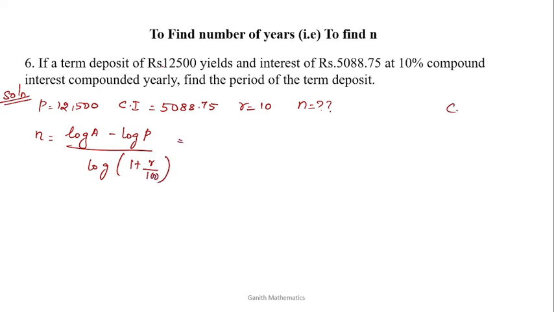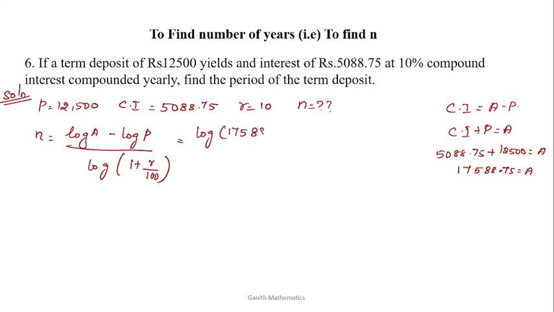We know that CI is equal to A minus P. We have to find A. So CI plus P is equal to A, and here CI is 5088.75 and P is 12,500, so 17,588.75, that is A. Okay, so log of 17588.75 minus log of 12,500 divided by log of 1 plus 10 by 100.